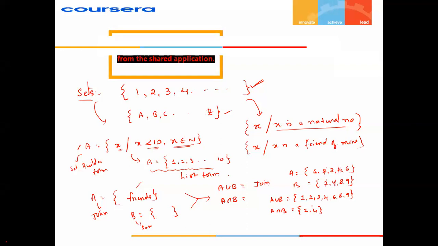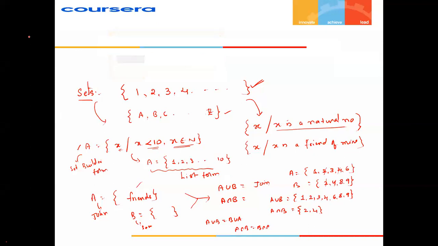Now, one question here is whether A union B equals B union A or not. Any answer? Similarly, A intersection B equals B intersection A or not. Any answer? True, right?